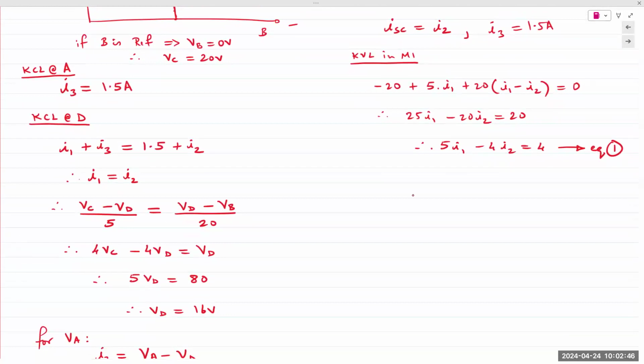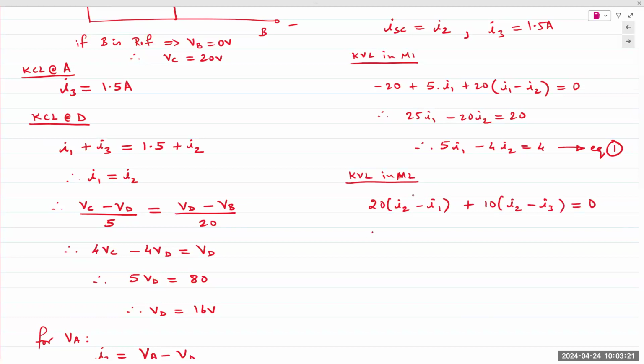And then you apply KVL in mesh 2. Oh, sorry, we are in mesh 2, so I2 is positive. So I2 minus I1, times 20, plus 10 times I2 minus I3. Again, we are in mesh 2, so I2 is positive. The outside currents are negative. This is equal to 0.